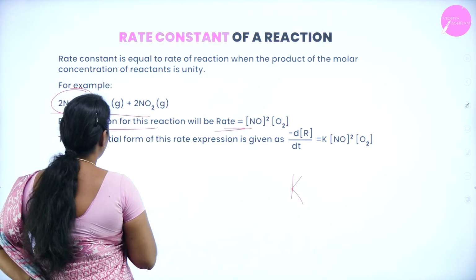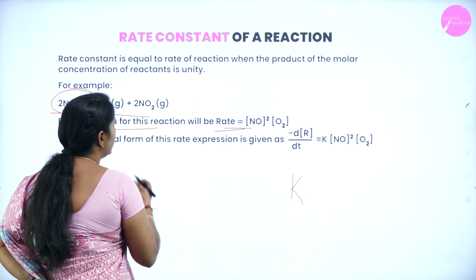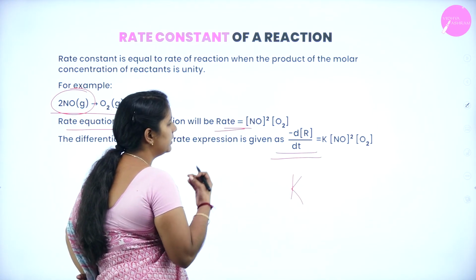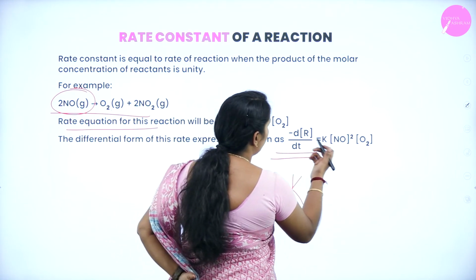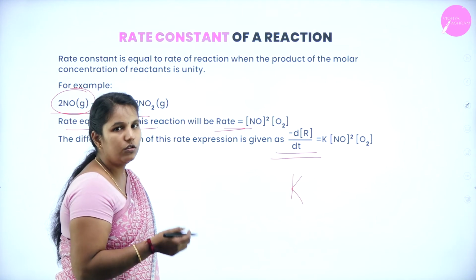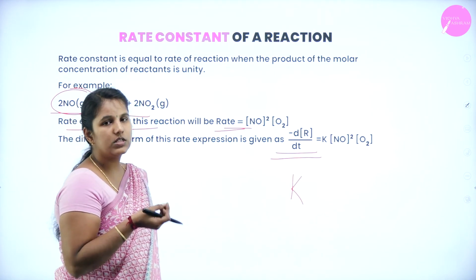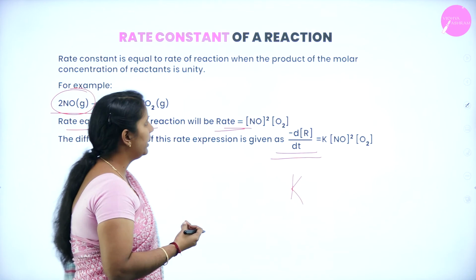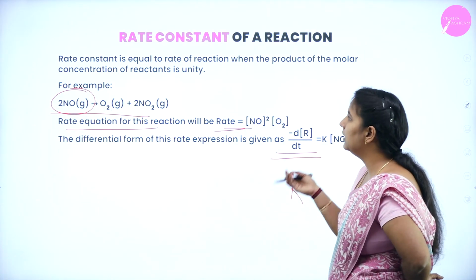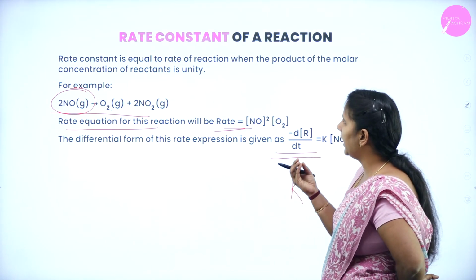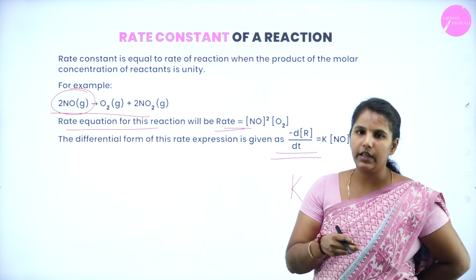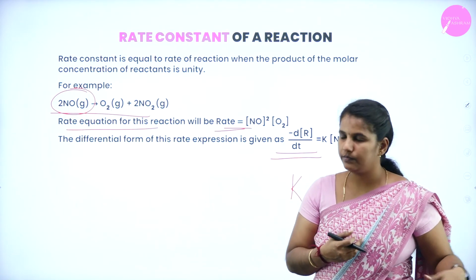This is for the reactants, and the differential form of the rate expression is given by minus d of the reactant divided by dt, which is equal to K into NO squared into O2. The rate constant is equal to the rate of the reaction when the product of the molar concentrations of the reactants is unity, then only it will become 1.